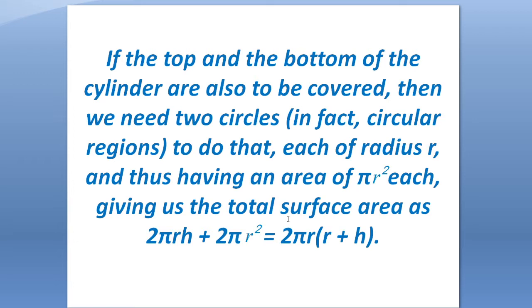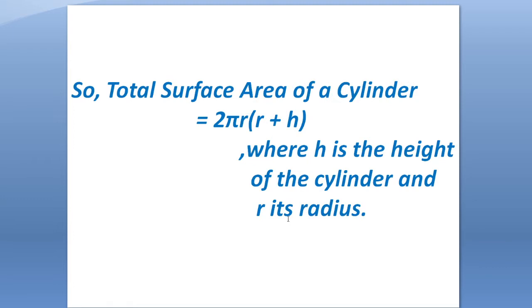Taking 2 pi r common, total surface area of a cylinder is equal to 2 pi r into bracket r plus h, where h is the height of the cylinder and r is its radius.